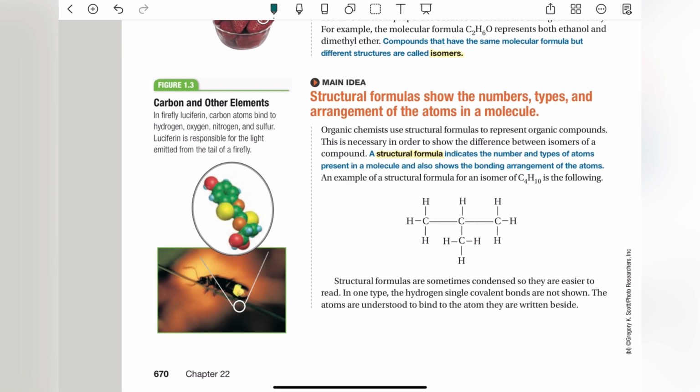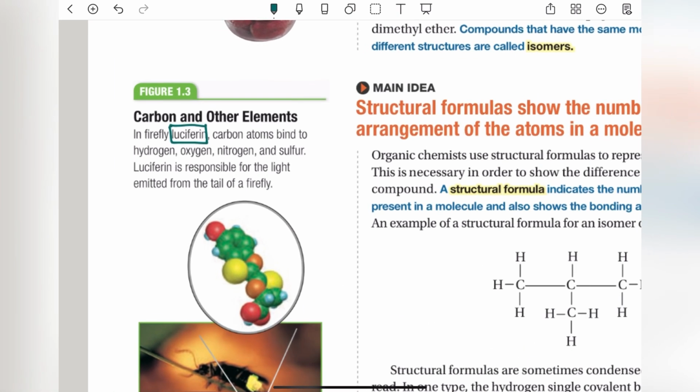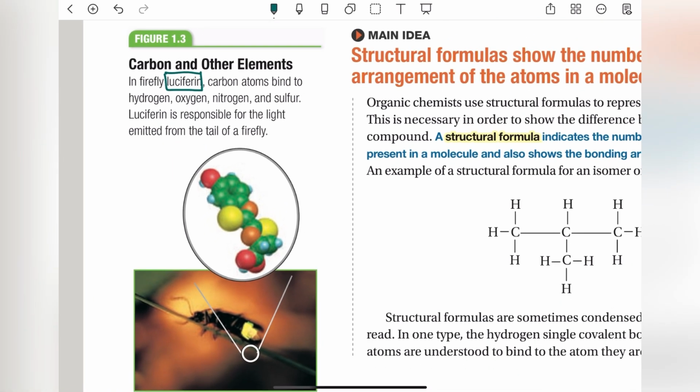So in firefly, luciferin, this is the light-emitting compound that we're talking about. Carbon atoms bind to hydrogen, oxygen, nitrogen, and sulfur. Luciferin is responsible for the light emitted from the tail of a firefly.